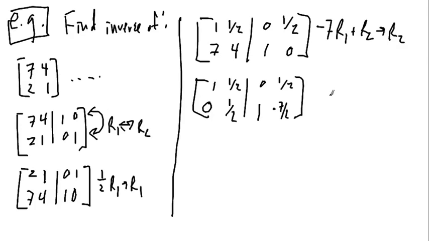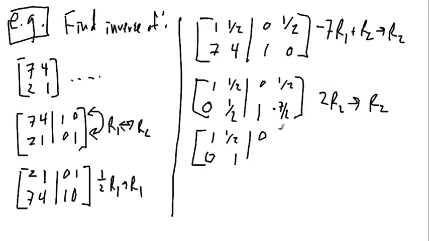Now I want a 1 down here, so I'm going to take 2 times row 2 and replace row 2 with that. And I get 1, 1/2, 0, 1/2. Down here I get 0, 1, 2, negative 7. And then finally I'm going to add negative 1/2 times row 2 to row 1 to turn this into a 0.